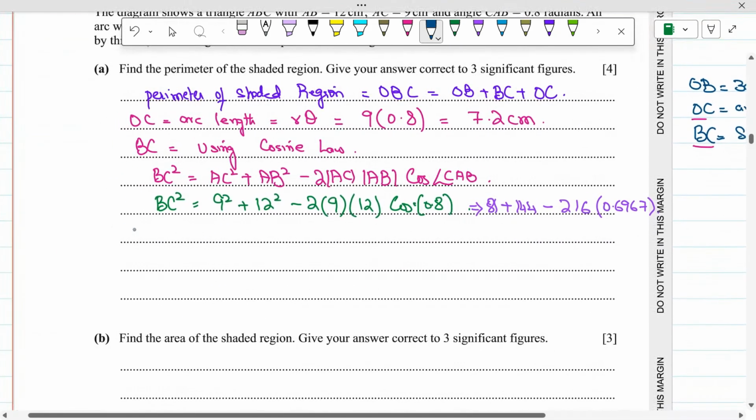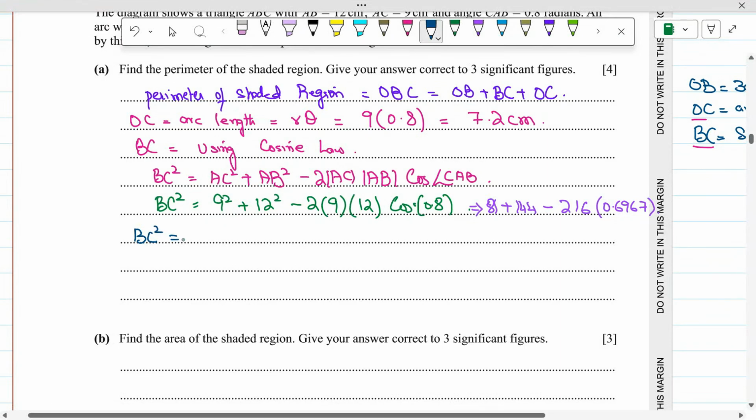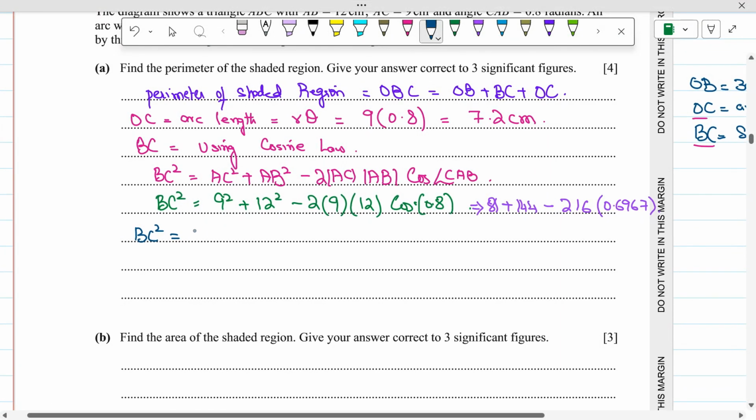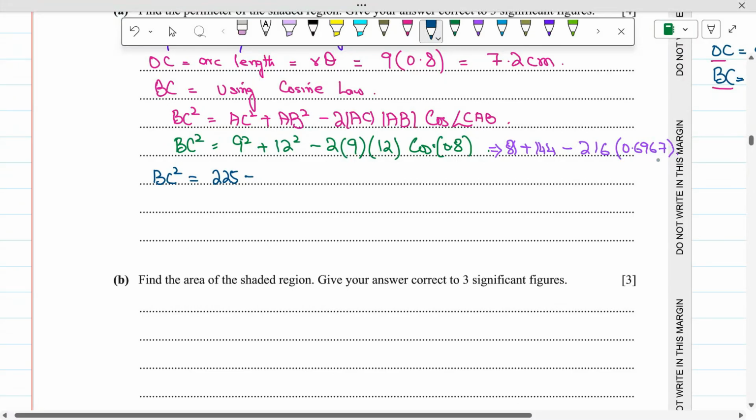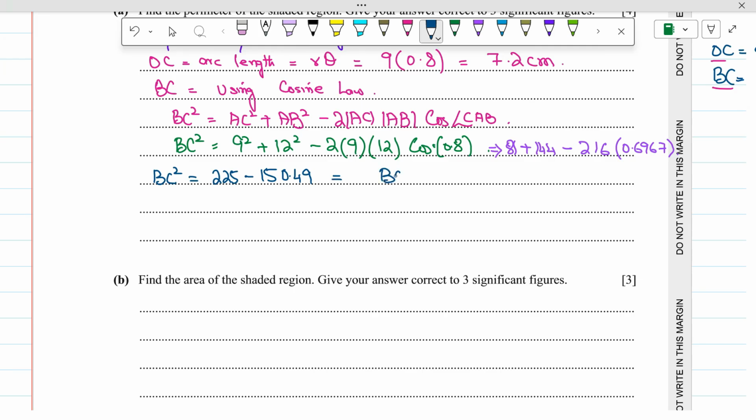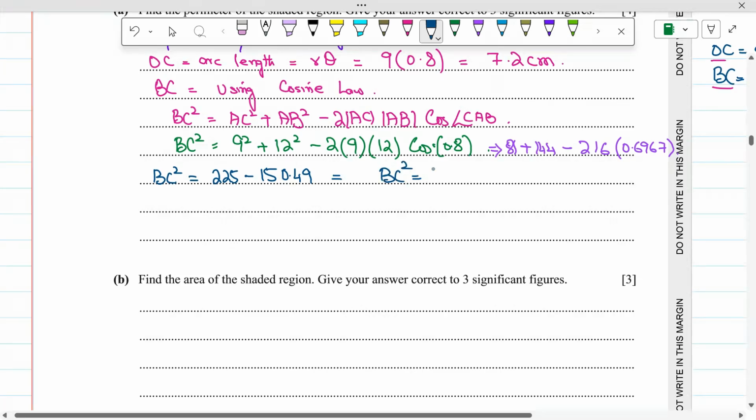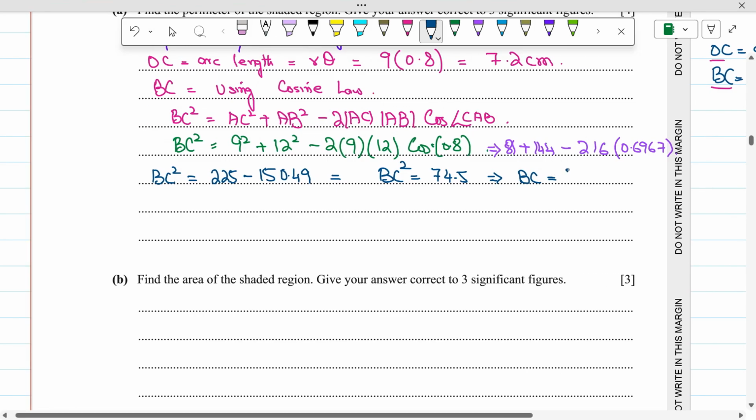So BC square is 81 plus 144 is 225, minus 216 times 0.6967, which is 74.5. Square root both sides, so BC is equal to 8.63 centimeters.